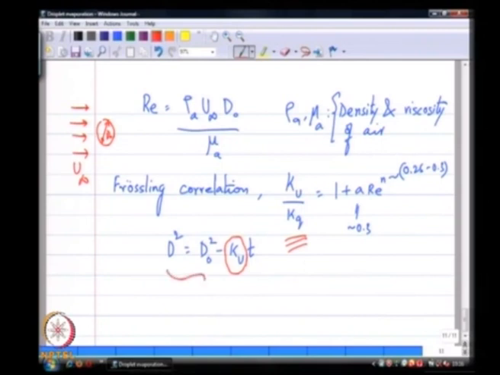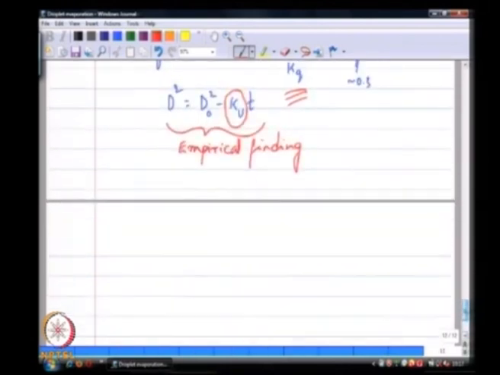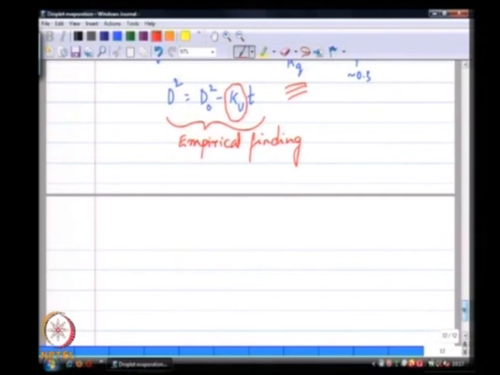Now, this has no theoretical basis, it is essentially an empirical finding. While the finding that d squared decreases linearly with time in a quasi static evaporation case is entirely based on theoretical arguments, in an advection case, the fact that the d squared law seems to hold well is purely an empirical finding.